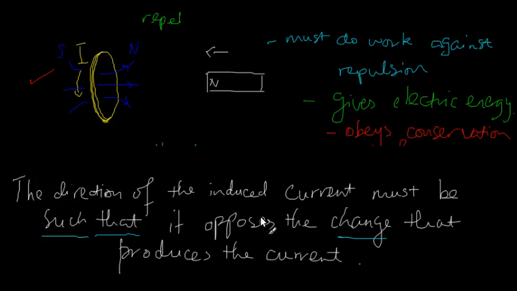What this means is that the direction of the current must be such that, the "such that" here means, the current produces a magnetic field, and it is this magnetic field that opposes, say, this magnet in this case. Okay, so that's usually what the "such that" here means.